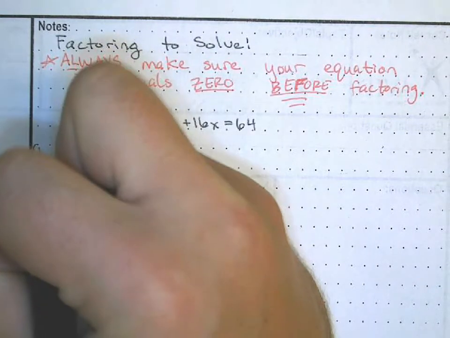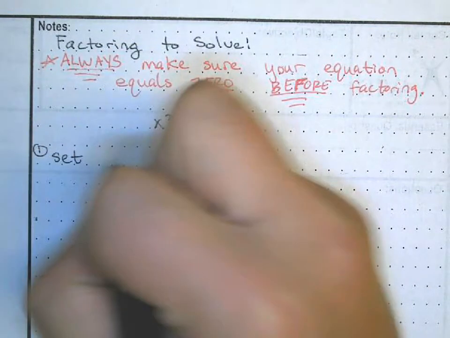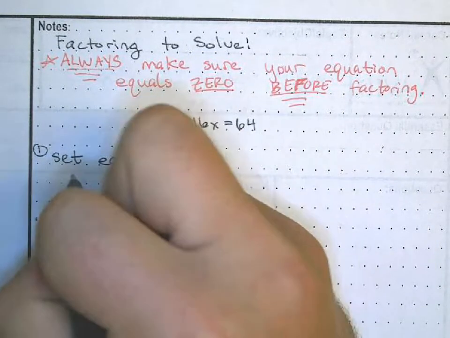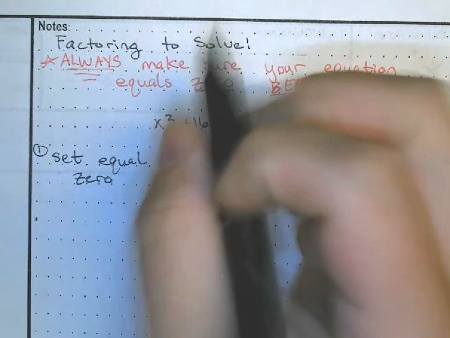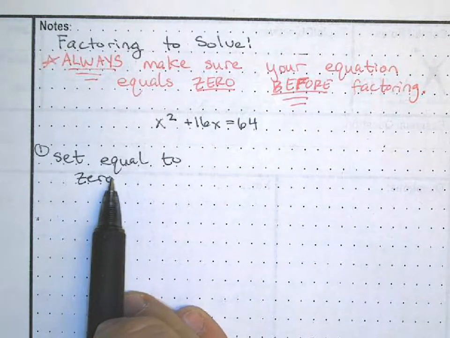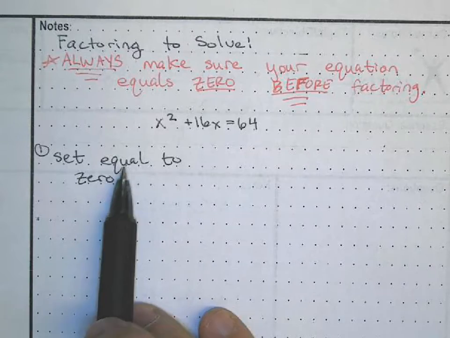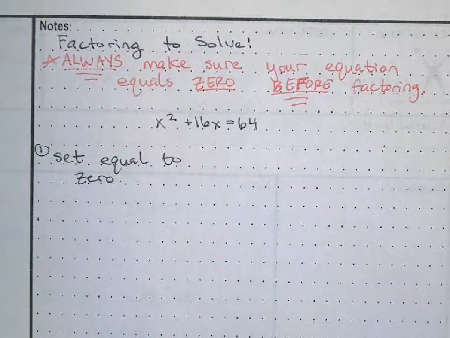So step 1, set equal to 0. I'm writing this in this form because this is how we're going to be saying it in class. Okay, is it set equal to 0?